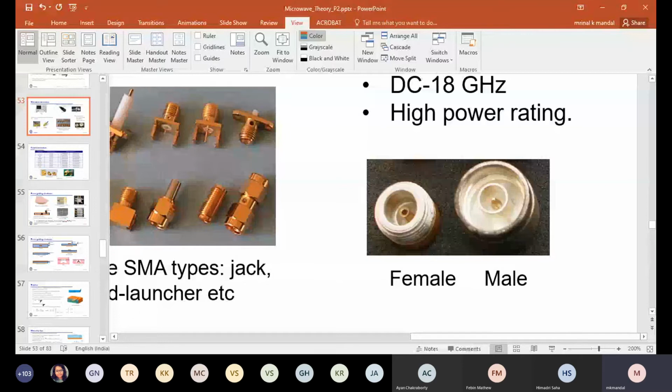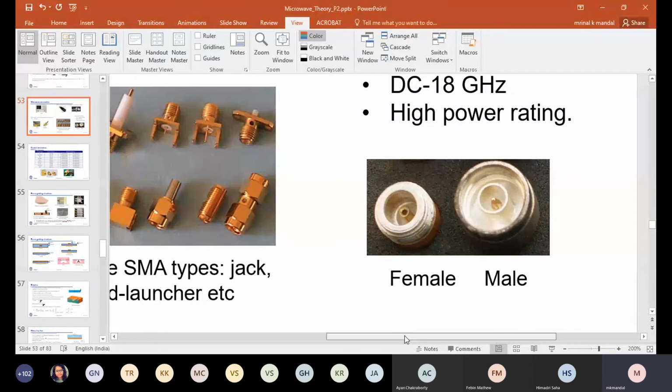So this is still being used because of one reason. They are mechanically very rigid. Look at the amount of metal they used. So they are very robust basically. In fact, in your UG lab, we prefer this N-type connector. We don't use SMA because SMA is the miniaturized form.